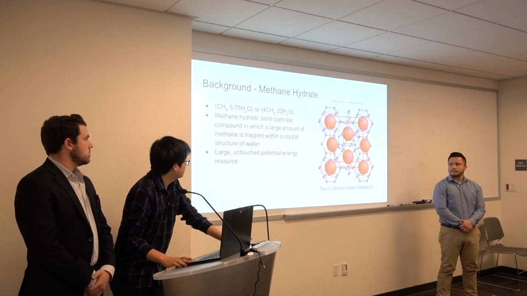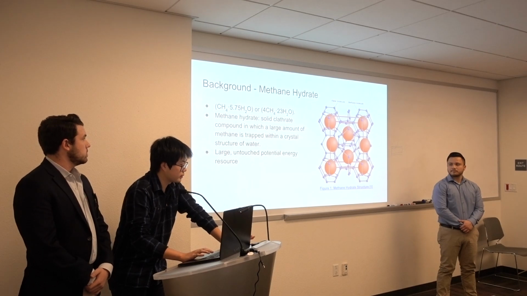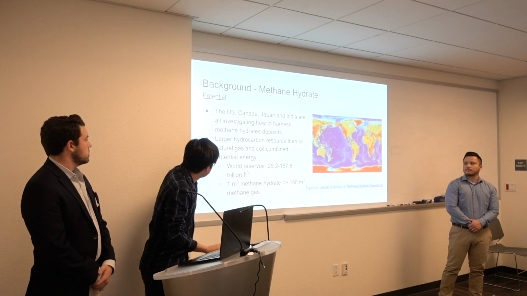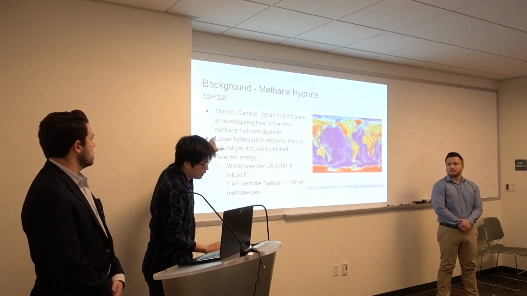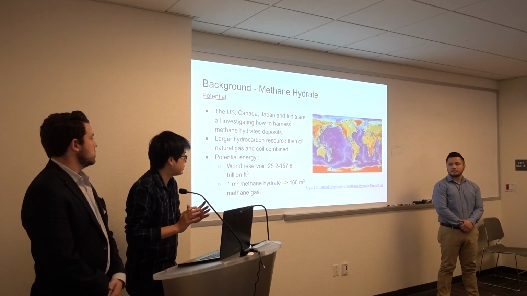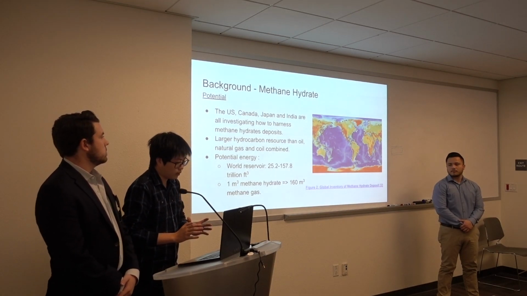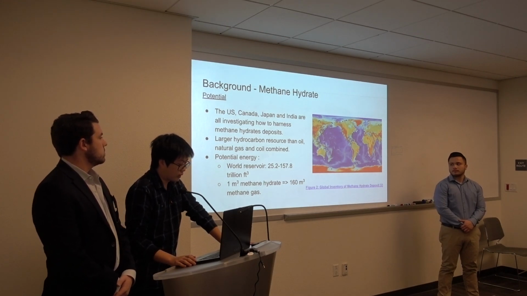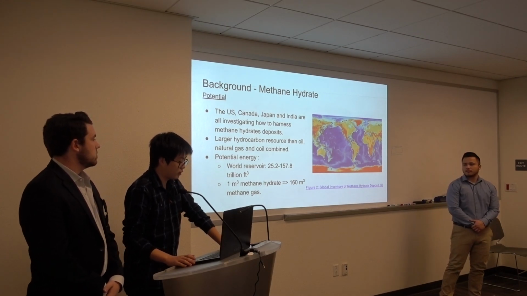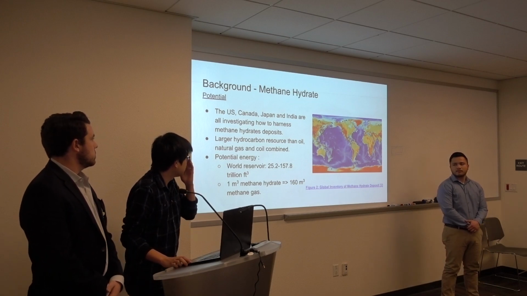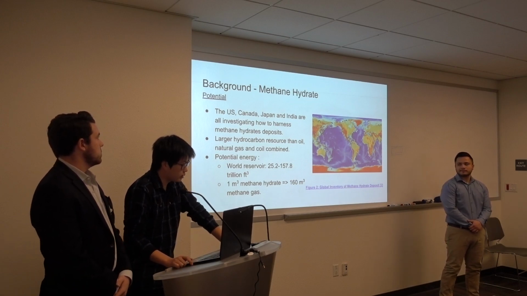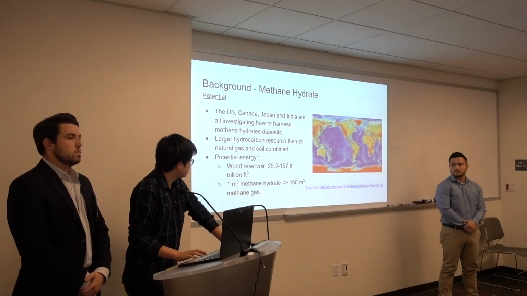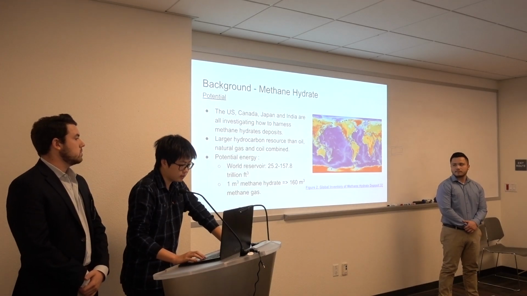It's a large potential energy resource in the future. All countries are working on trying to use this energy, and as it shows, we have 25 to 157 trillion cubic feet, and 1 cubic meter of methane hydrate equals 160 cubic meters of methane gas.